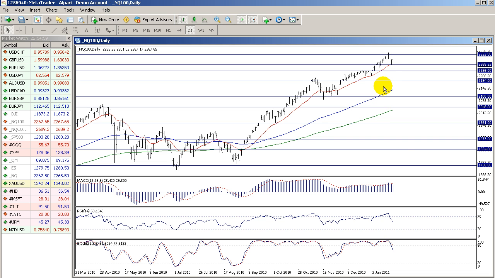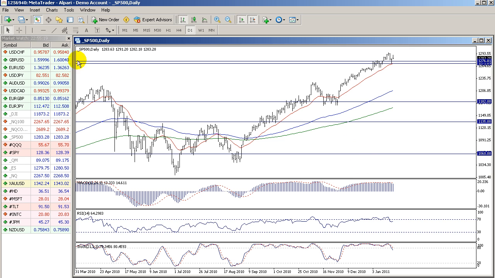But let's see how the decline unfolds. My downside target for Nasdaq 100 is near the 1221.84 level, so right here, and then I expect another move higher. While for S&P 500, the most reasonable downside target one can expect is here near 1200, 1180 level.